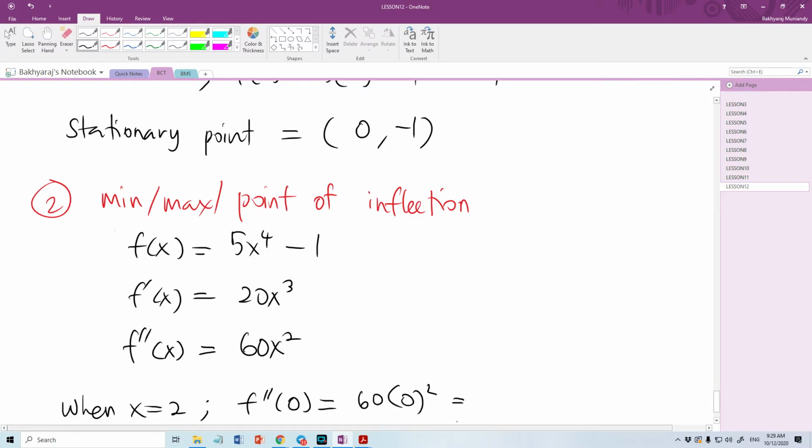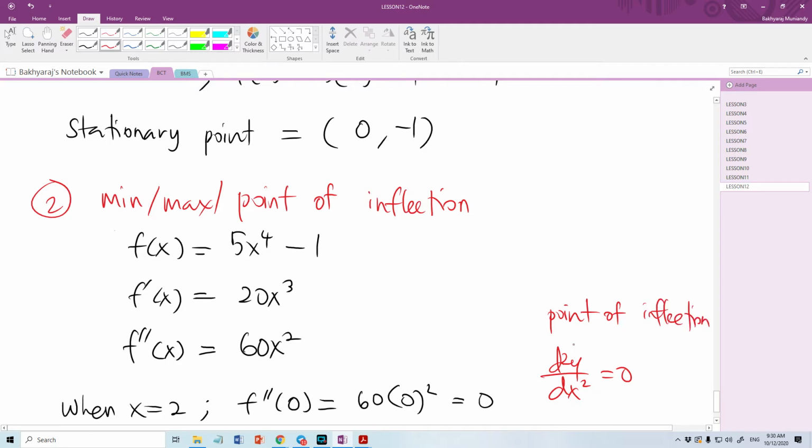Okay, what do we get now? Apa kita dapat sekarang ni? So we get equals to, yeah, correct, kita dapat 0 lah. 60 times 0, you get 0 lah. So when it is 0, now it's a special case. Now when d square y over dx square equals to 0, then we call this a point of inflection.